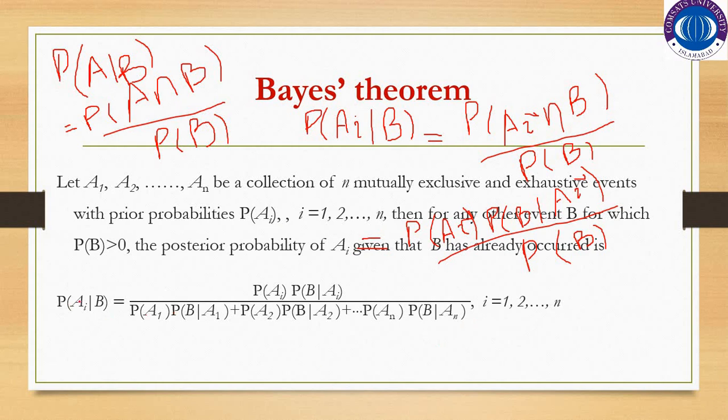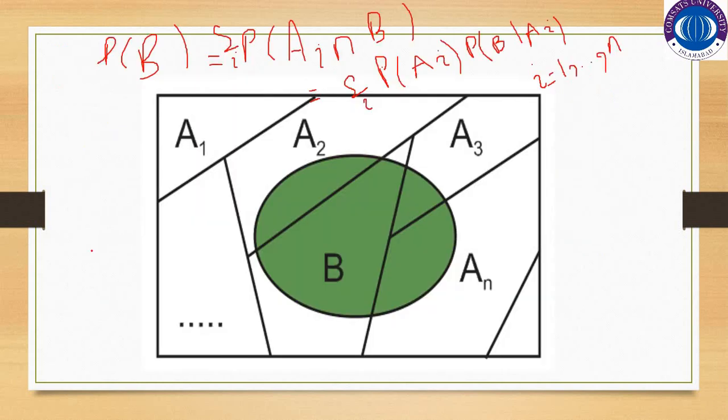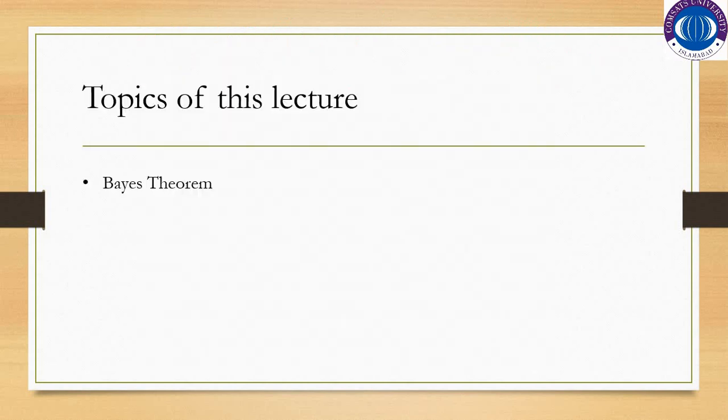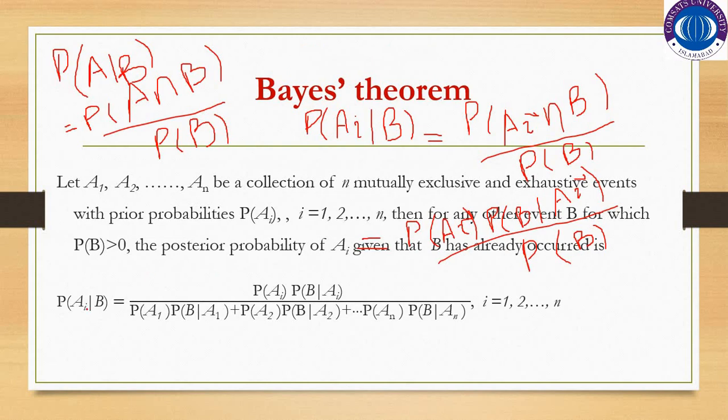You know that B is occurring. You can find out that which of the A is coming in the conjunction. What is the probability that A1 is coming with the conjunction of B? You will substitute I is equal to 1. If you want to find that A2 is coming in the conjunction of B, then you will substitute I is equal to 2.